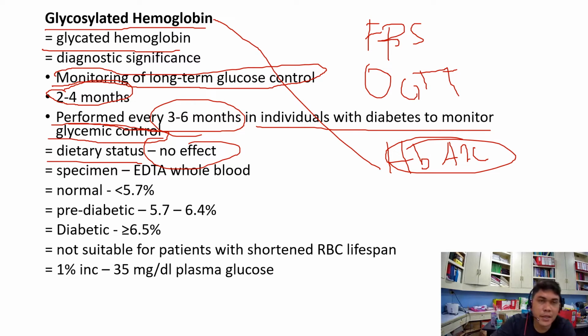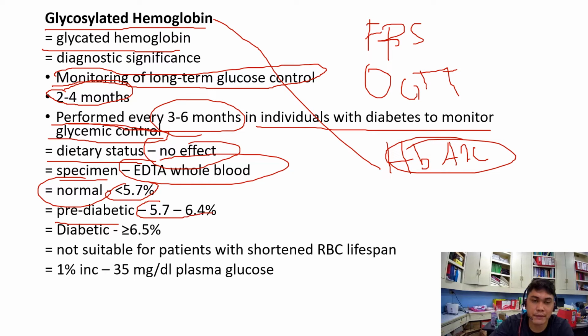And the specimen for glycosylated hemoglobin is EDTA whole blood because we need that RBC that contains your hemoglobin. So normal is less than 5.7%. Pre-diabetic is 5.7 to 6.4. Diabetic is greater than or equal to 6.5%.